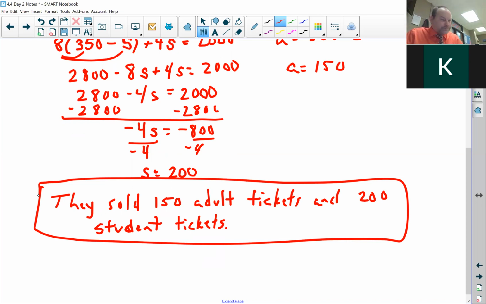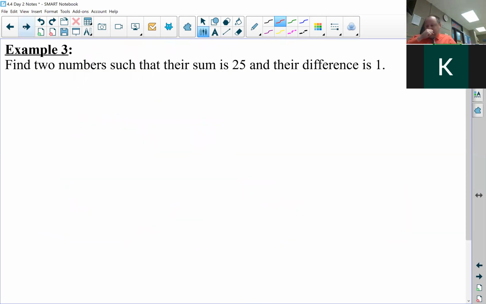All right. Next example. Find two numbers such that their sum is 25 and their difference is 1. Again, circle my numbers. Underline my question or what I'm trying to find.